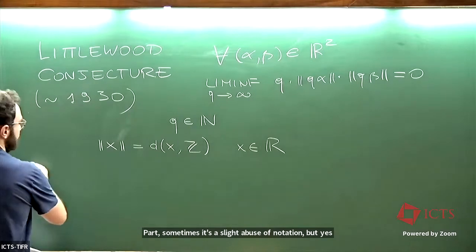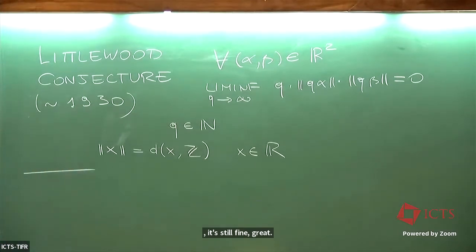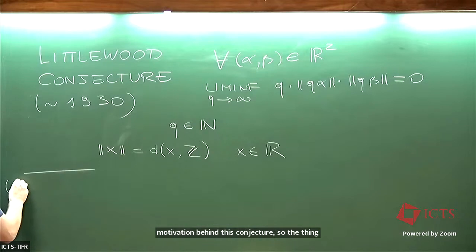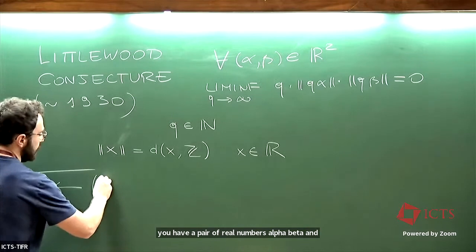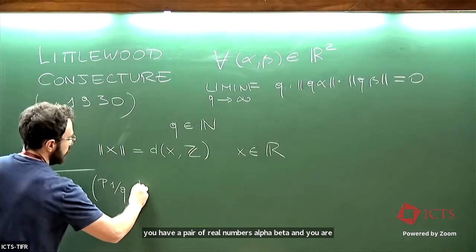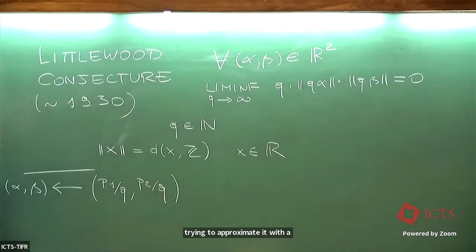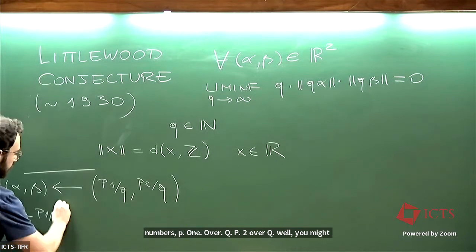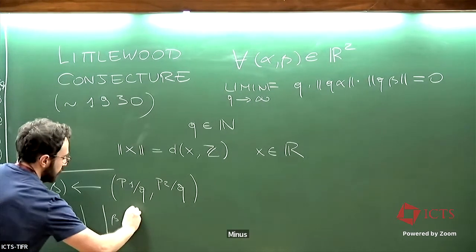Great, so this statement sounds a bit strange maybe to some of you. I just want to say a couple words about the motivation behind this conjecture. So the thing is, if you have a pair of real numbers alpha, beta and you are trying to approximate it with a pair of rational numbers p1 over q, p2 over q, well, you might want to study the quantities alpha minus p1 over q and beta minus p2 over q.